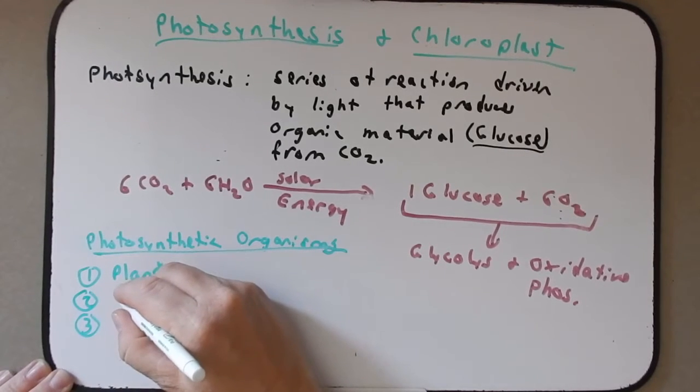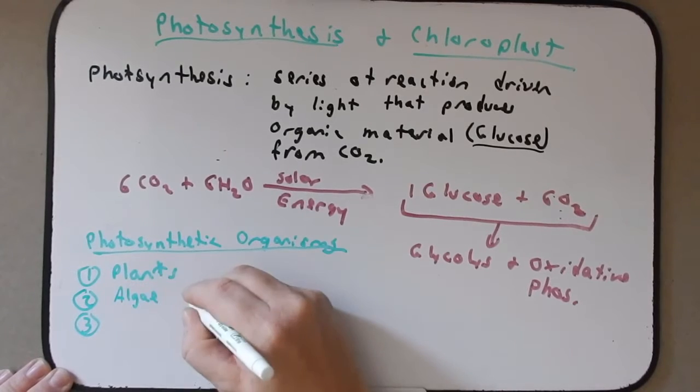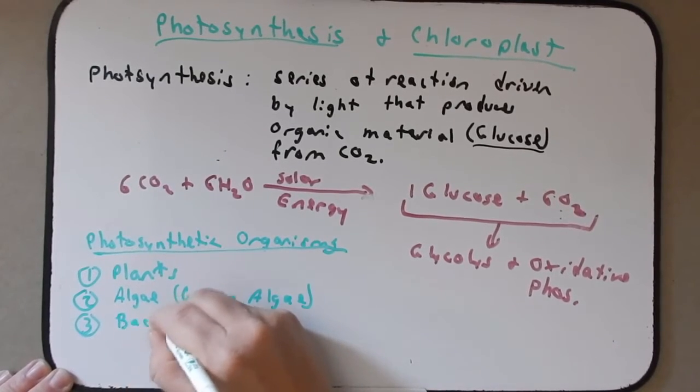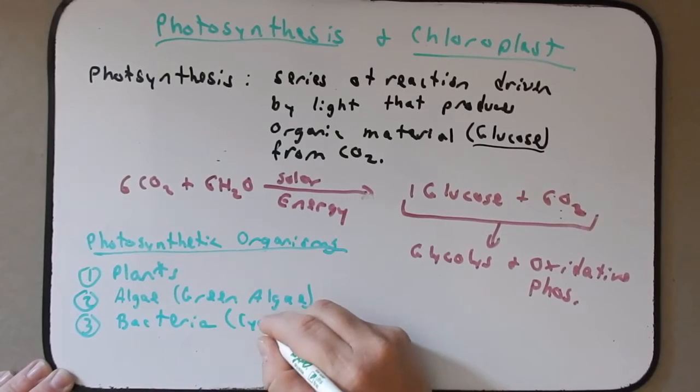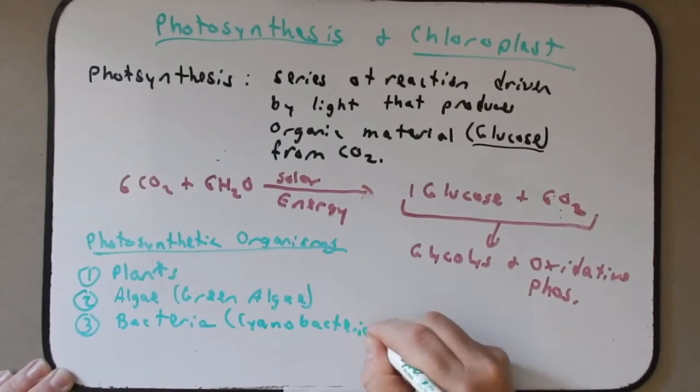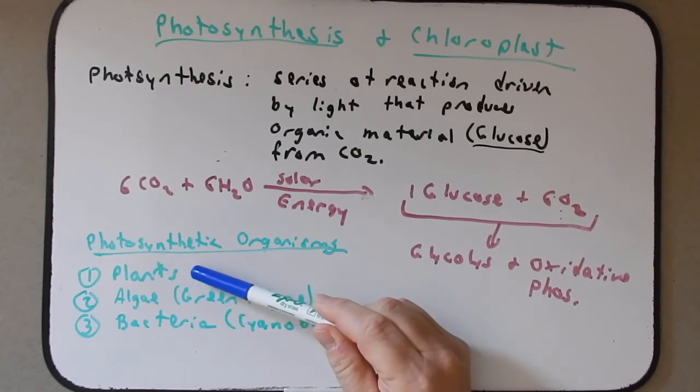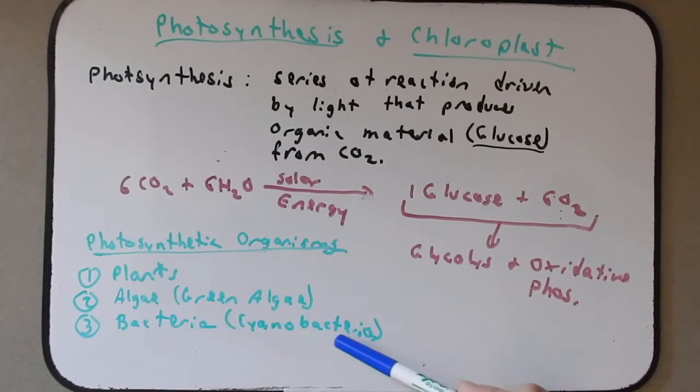And those would include some algae, like the green algae, and some bacteria, cyanobacteria. So as we move forward in our discussion of photosynthesis, these reactions can occur in plants, green algae, and cyanobacteria.